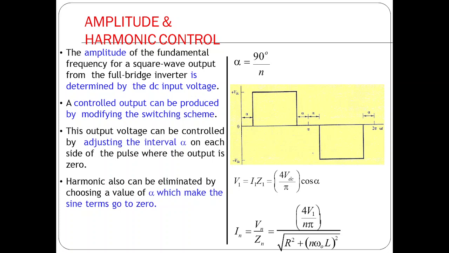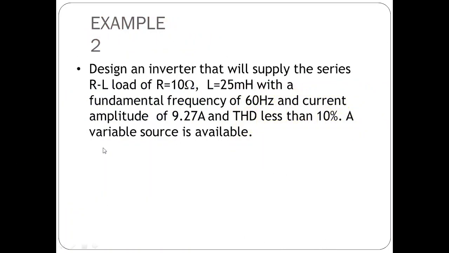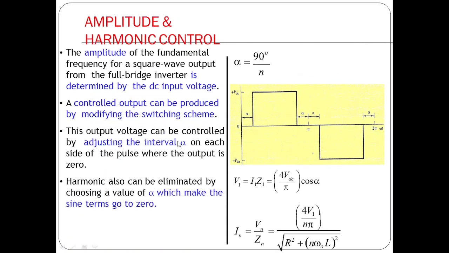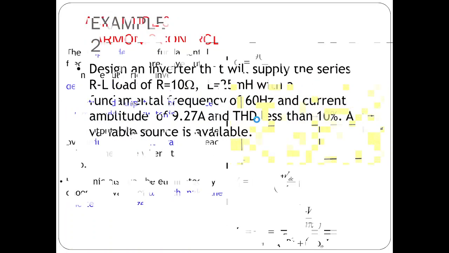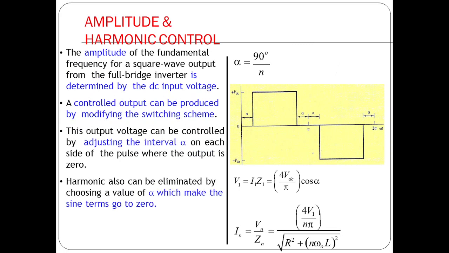And now a control output can be produced by modifying the switching scheme. Suppose you see here, this output voltage can be controlled by adjusting the interval alpha. As in the previous classes you know about alpha, it is a firing angle.